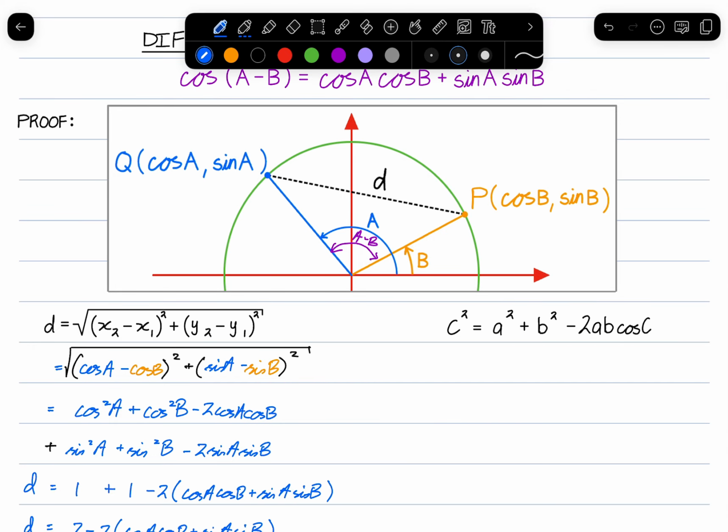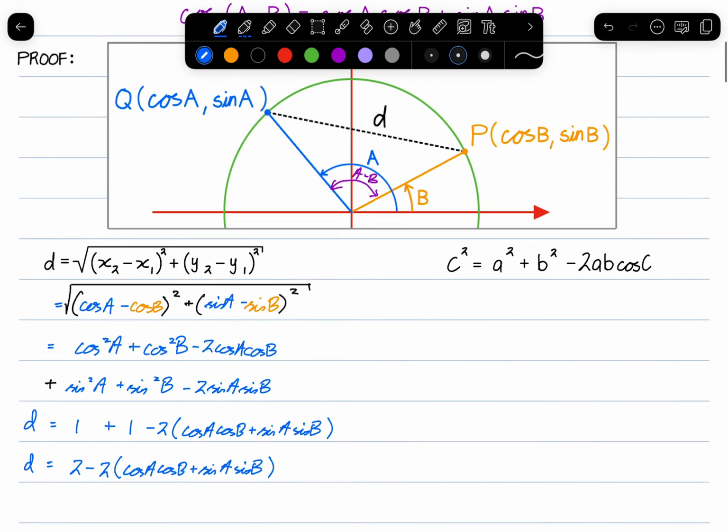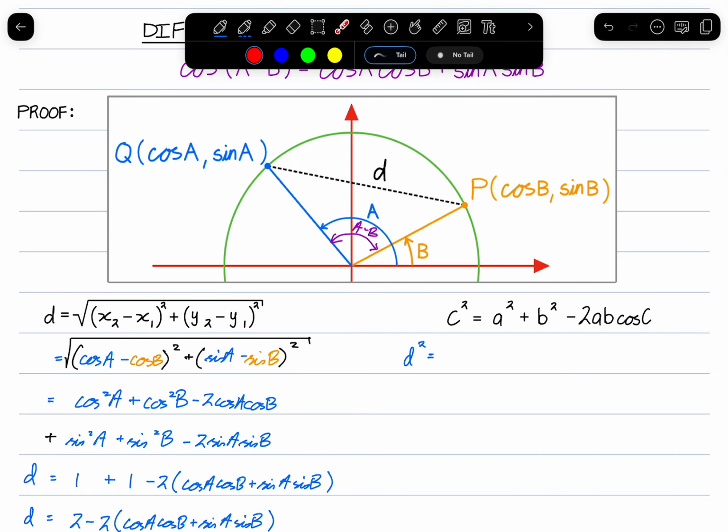Let's now take a look at what happens when we use this for the cosine rule. In this case, we get d squared equals a squared. In this case, a can be either of these two. It doesn't matter either way, because this is a unit circle, the distance from the origin to Q is 1.